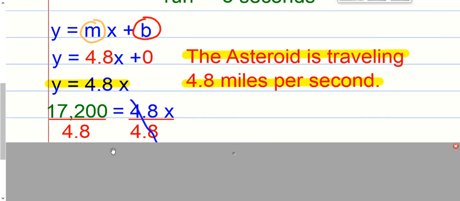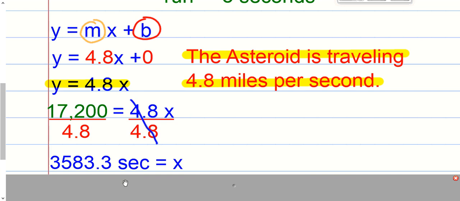That comes out to be 3,583.3 seconds. Now let's think about that. Whenever are we going to say it took about 3,500 seconds to travel? We don't. We usually say it took 30 minutes, or it took 2.5 hours, or something of that nature.